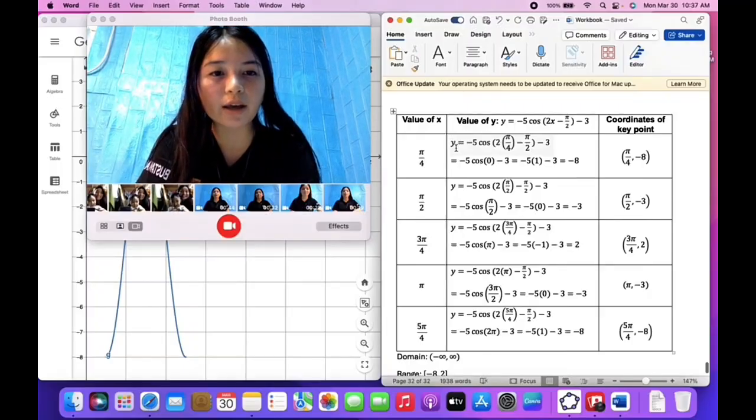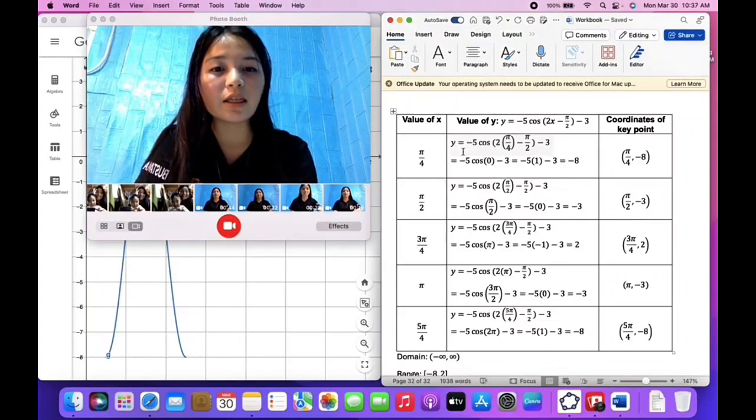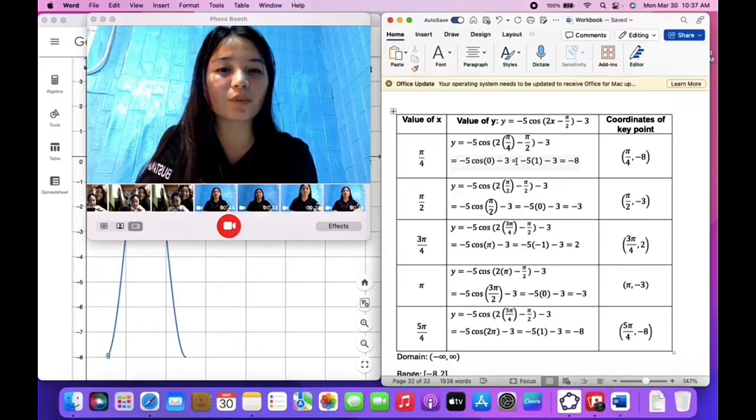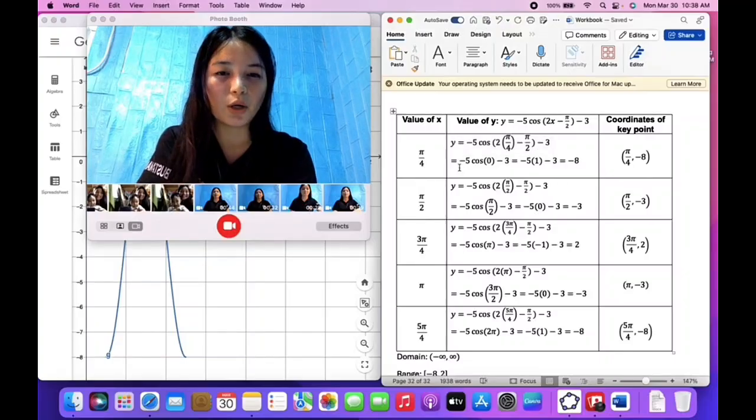Our first y-intercept is equal to negative 5 cosine (2 times the value of x, pi over 4, minus pi over 2) minus 3. So it is equal to negative 5 cosine, and the value of 2 times pi over 4 minus pi over 2 is equal to 0, minus 3. So it is equal to negative 5, and the value of cosine 0 is 1, minus 3. So it is equal to negative 8. That is our first y-intercept.